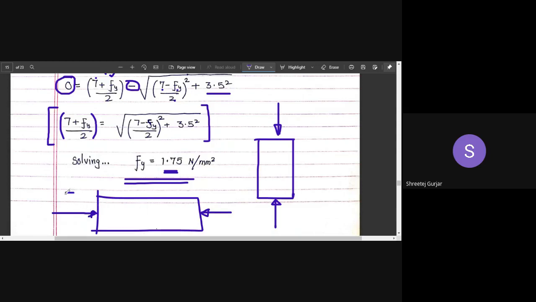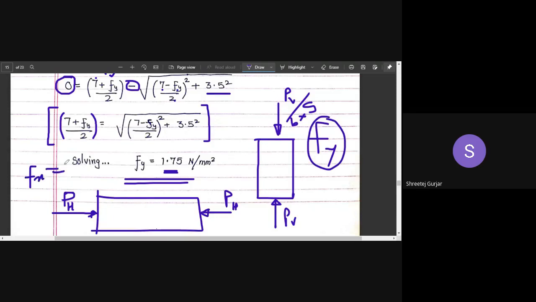So this is Fx. This is P in the horizontal direction, and this is P in the vertical direction. P by B into spacing will give you Fy. And Fx is nothing but PH by the cross-sectional area, that is this cross-sectional area.